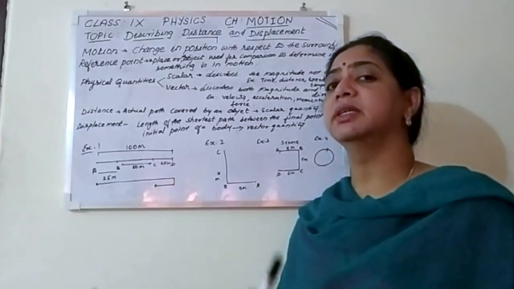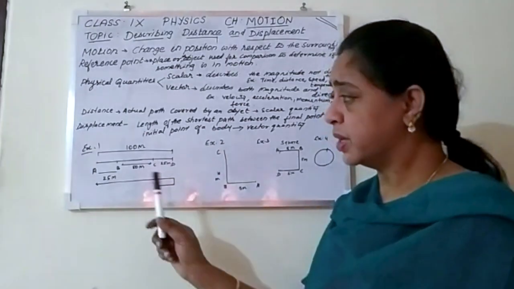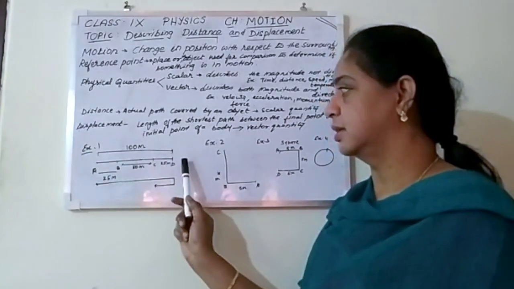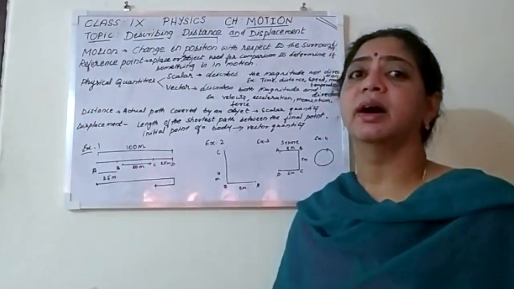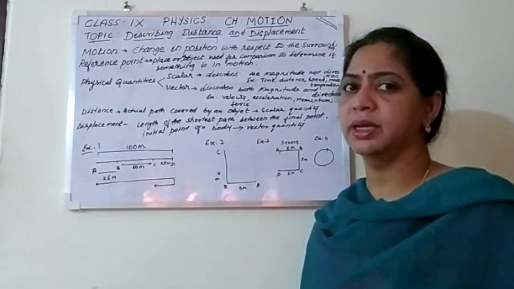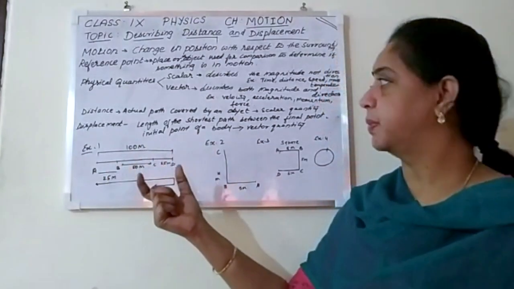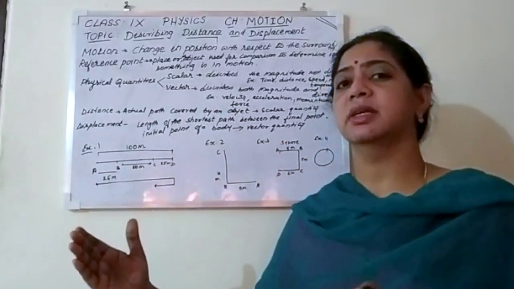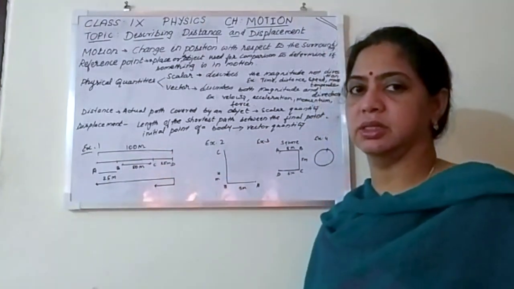So what would be the total distance covered by the object? You can add the distances. So the entire journey from A to D is 100 meter. Okay. So what is distance? It's the actual path covered by an object. The total distance the object covered throughout the journey, that is called distance.